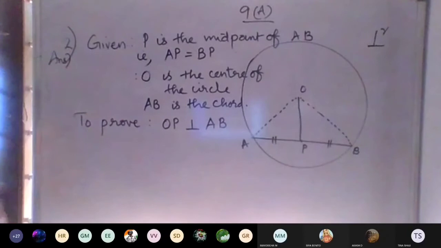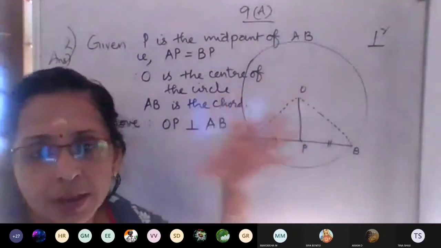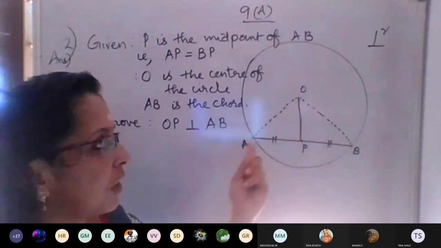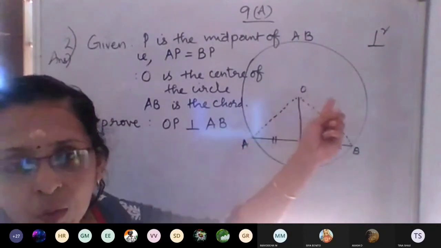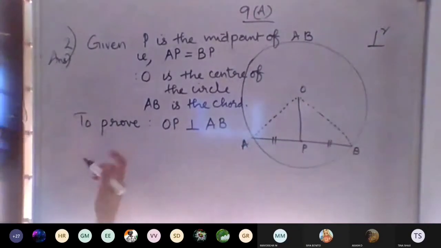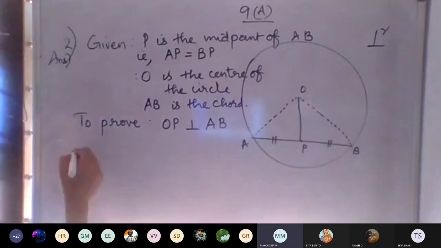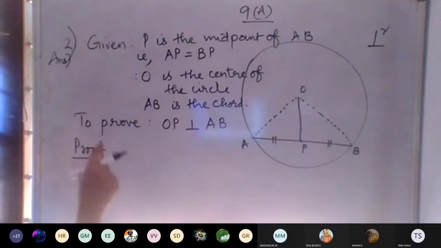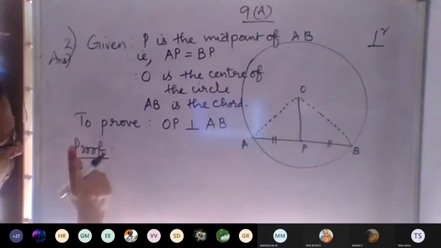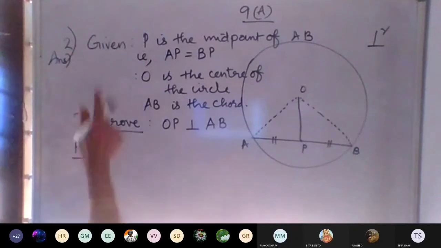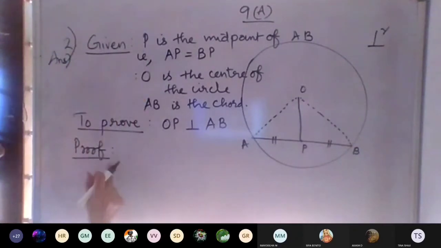The next, what are the things we have to do in this question? We joined AO and BO. Next is the proof. We are starting the proof.